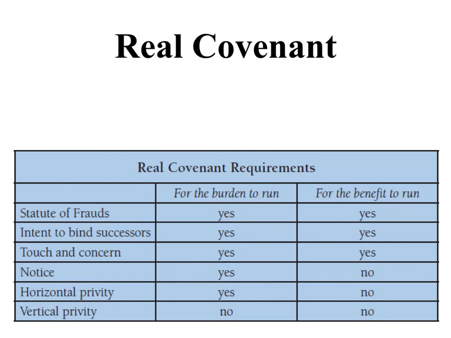So most states follow this mutual interest requirement, but not all. Some states use a successive interest requirement. So in almost all states that require horizontal privity, this element would be satisfied with a grantor-grantee relationship.